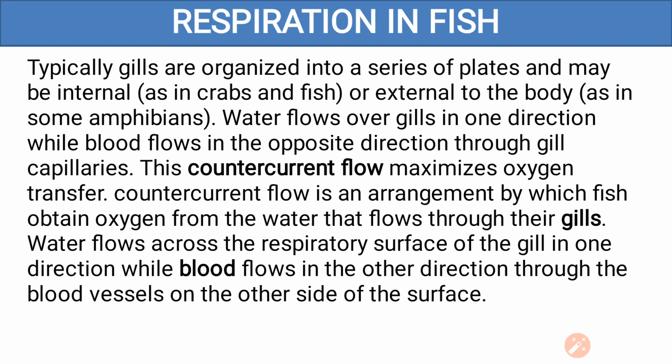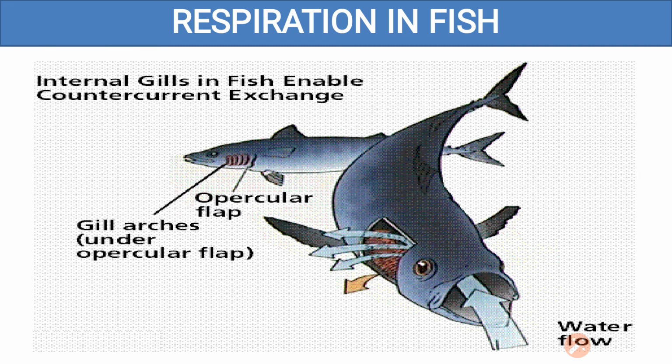Water flows across the respiratory surface of the gill in one direction, while blood flows in the other direction through the blood vessels on the other side of the surface. Take a look at this diagram.